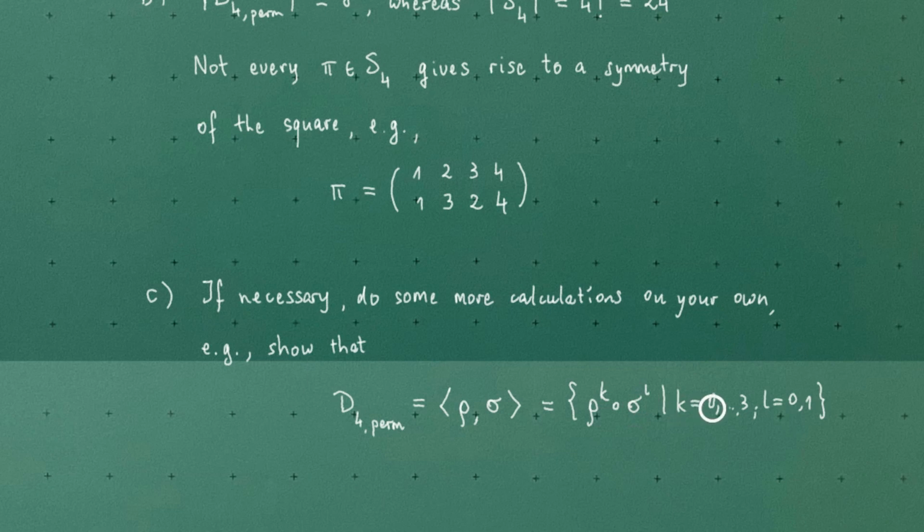Here k runs between 0 and 3 because rho to the 4th power is the identity, and again l, the exponent of sigma, is just 0 or 1 because sigma squared is the identity. Write down some of those, do the explicit calculations, and find out you end up with exactly 8 different elements, which are nothing but the elements of D4 in permutation representation.